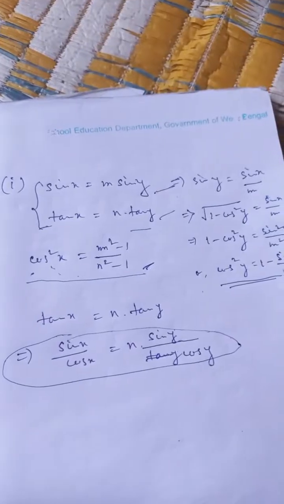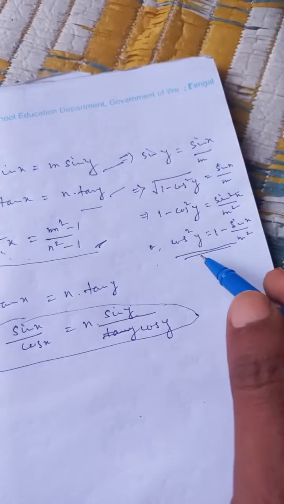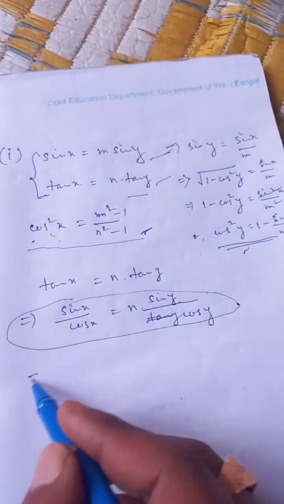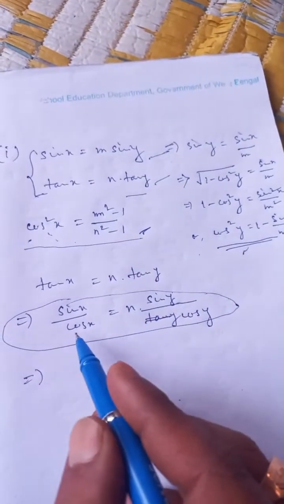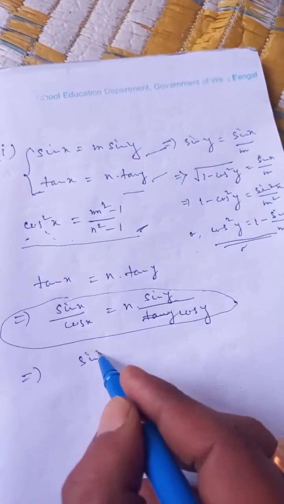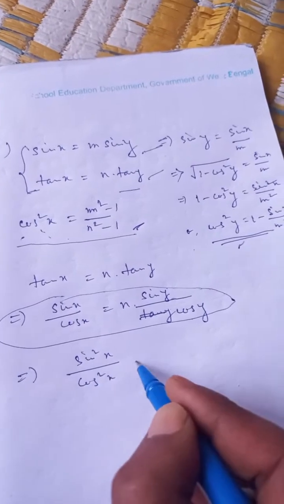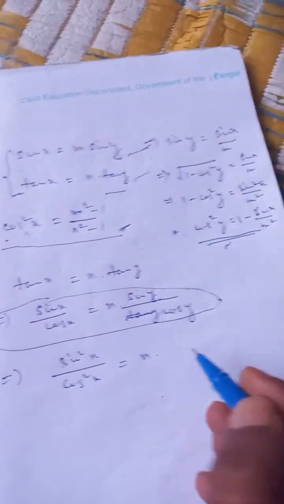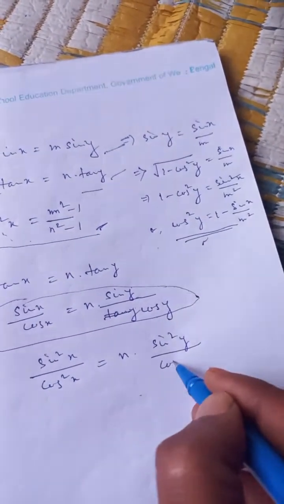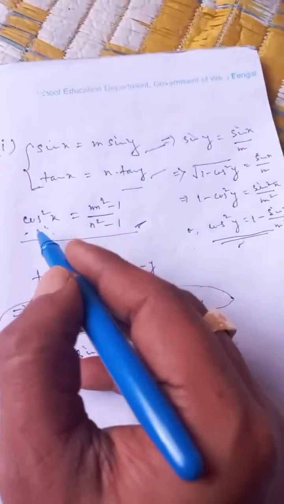We have found sin y already, and we have already found cos square y. Now in this equation, if we square both sides, then it will be sin square x by cos square x equal to n square into sin square y by cos square y. Now we have to find cos square x.